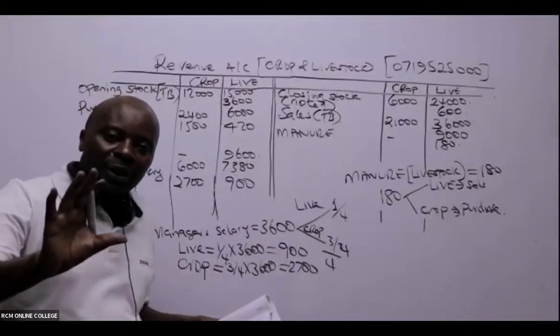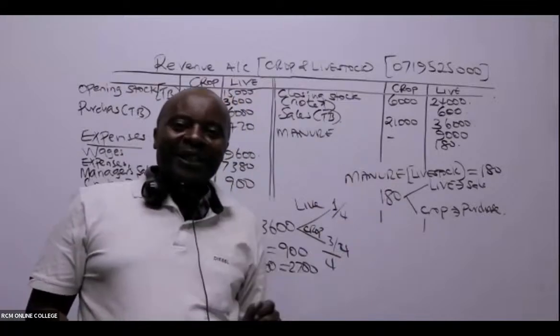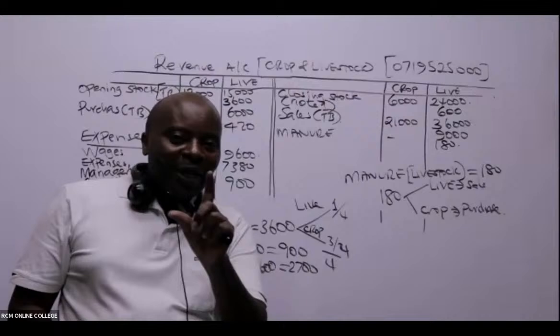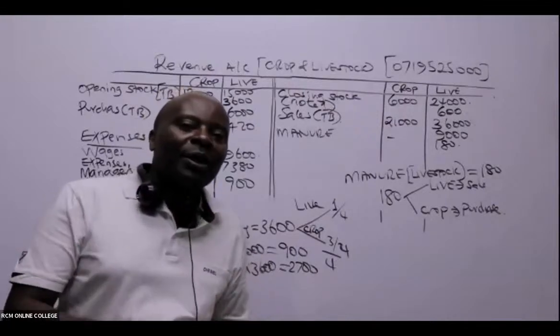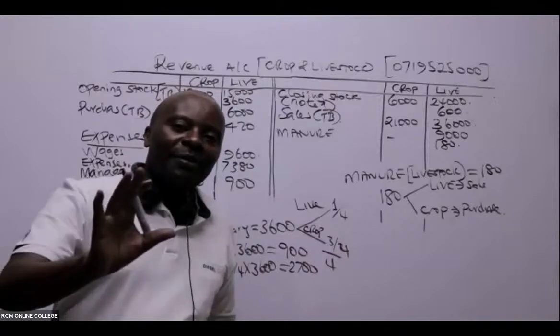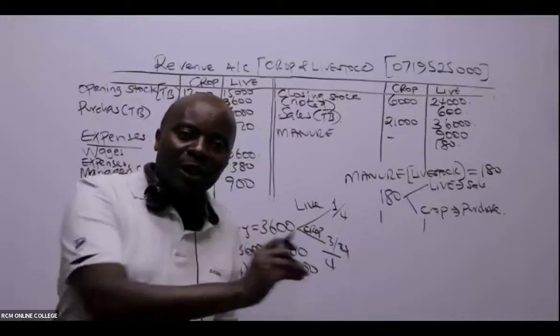So we got this manure from our sheep or from our cattle, and then we transferred this manure to the crops, like maize. The same is transferred to our farm crops to be used as fertilizer.